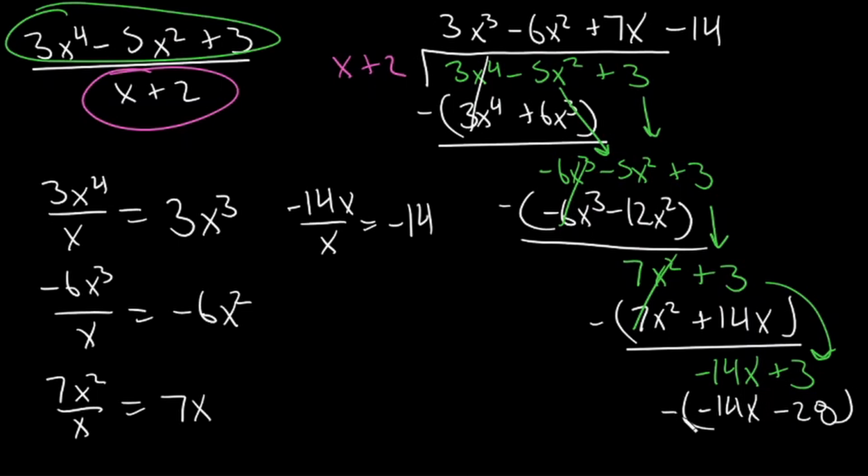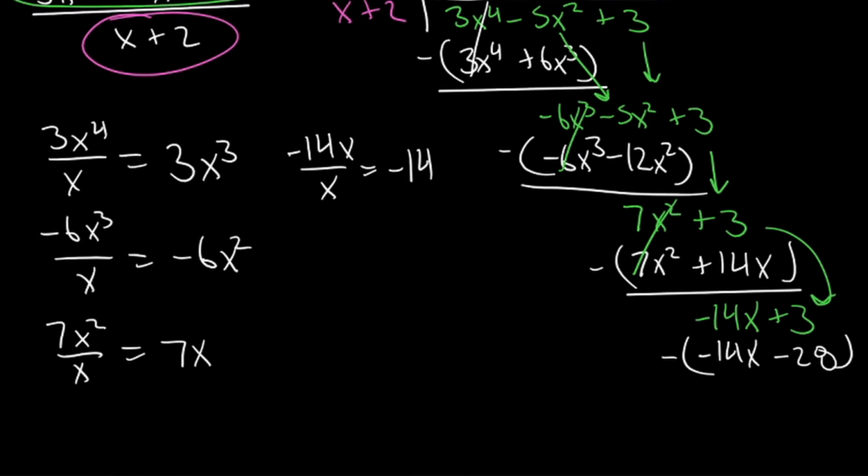So if we subtract that, scroll down. If we subtract that, we're going to be left with, these are going to cancel, 3 plus 28 is going to be 31. 31 divided by x. Well, we can't do that, so we actually have a remainder here.